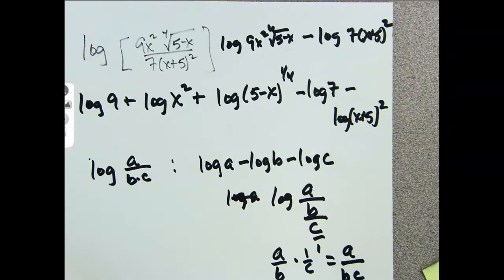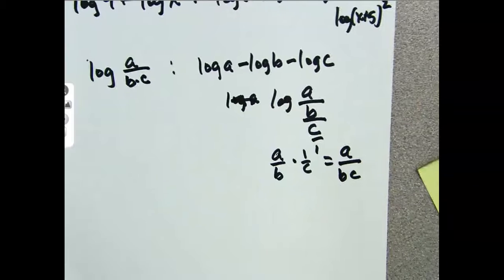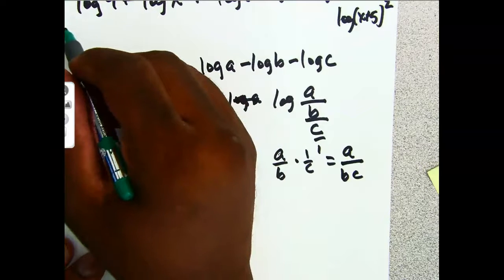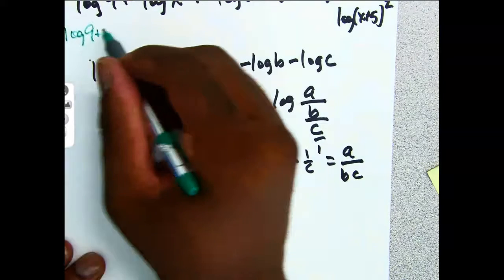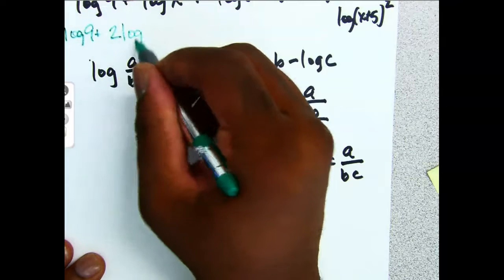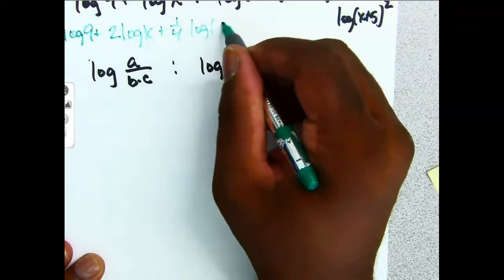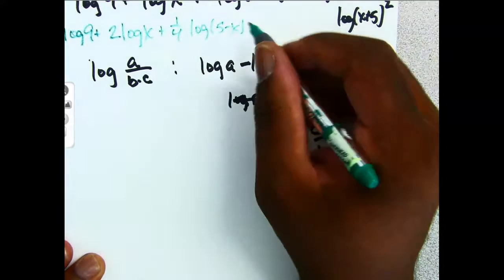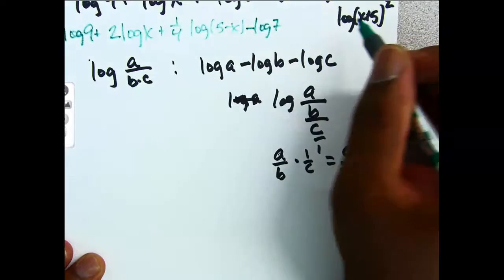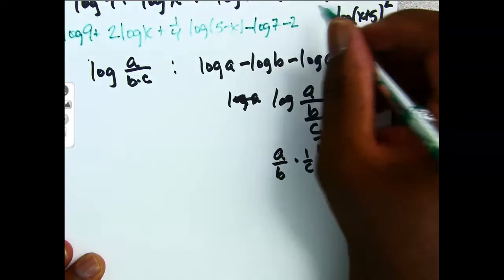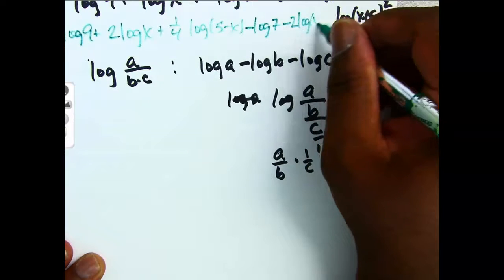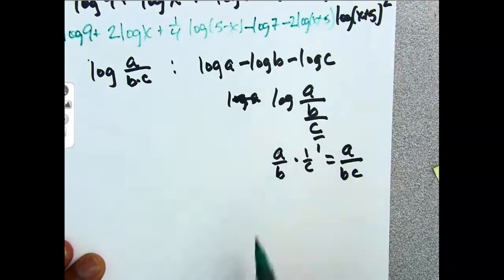And please look back through your notes because we made that connection before of why that's not going to be a plus. So in any event, to finish this particular problem up, we're going to have log of 9 plus 2 log x plus 1 over 4 log of 5 minus x minus log 7, then minus 2 log of x plus 5. And that's your solution.